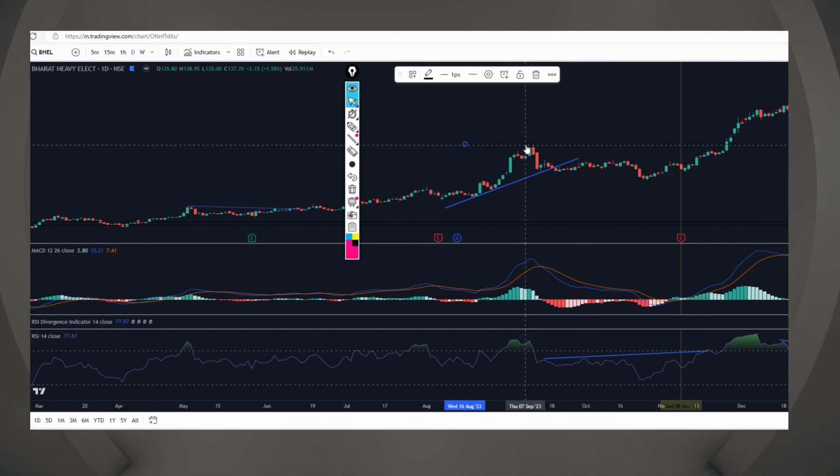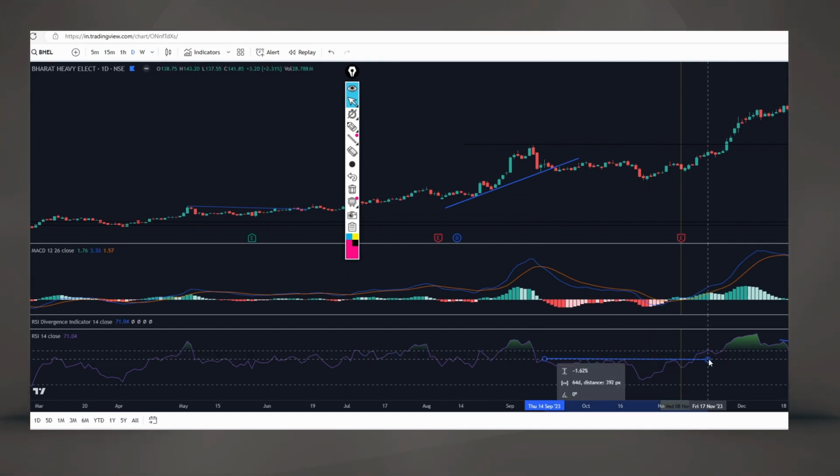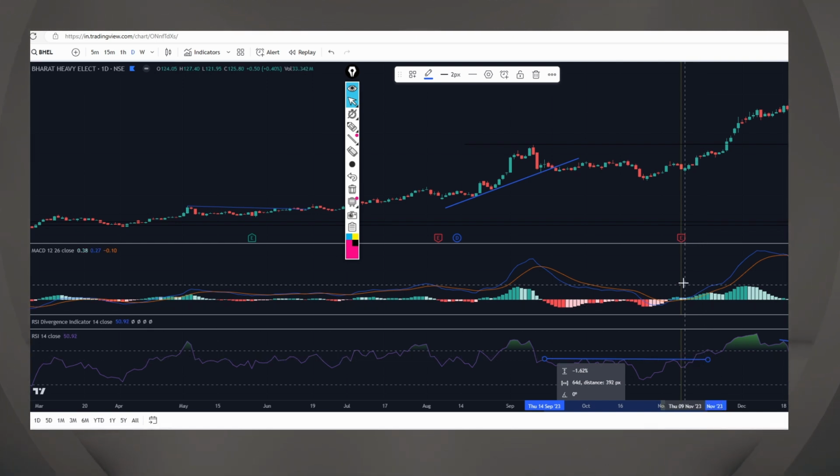So what you do is you wait for that failure swing to happen. That means you get data points which you can connect, and then RSI crosses above that point, which gives you entry into the stock. And here you can see that it beautifully also converged with the MACD crossover. So this is a very reliable signal, and it gives some fantastic results as well.